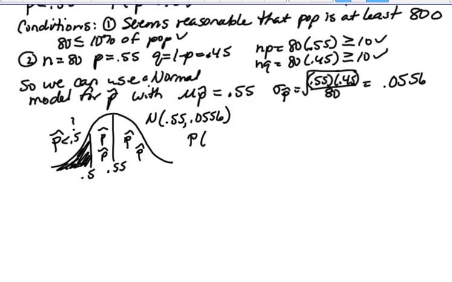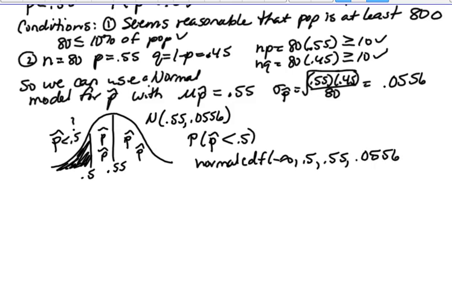These are not individual people, these are sample proportions that I'm looking at. So for the probability that p hat is less than 0.5, I'm going to use the normal CDF that I've done so many times before. My left bound is negative infinity, right bound is 0.5, mean is 0.55, standard deviation 0.0556, and that ends up equaling 0.184.